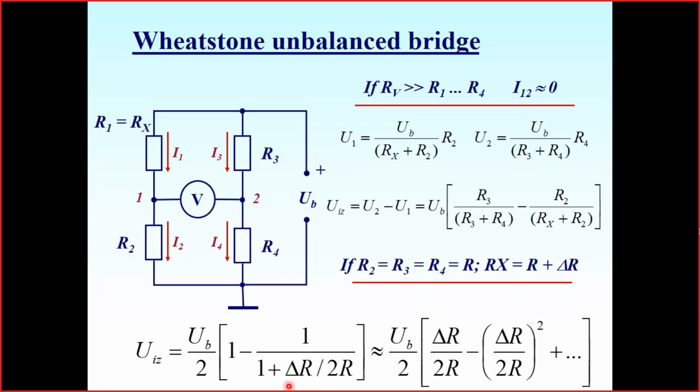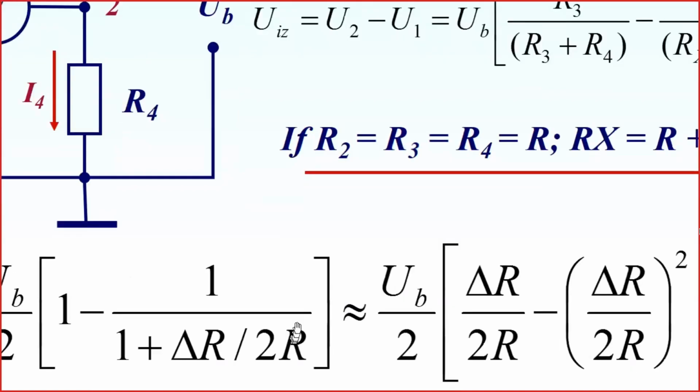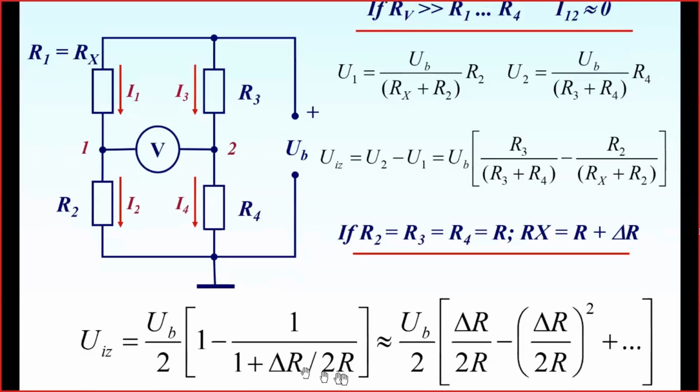But we may apply the expansion in a Taylor series, bearing in mind that the change in the resistance is delta R, the difference between the measured actual resistance Rx and the resistance this element had at balance, so it will be quite small compared to the resistance of the whole element. So this number delta R divided by R is quite small. Then we can expand this term in a Taylor series and write an approximate equation.